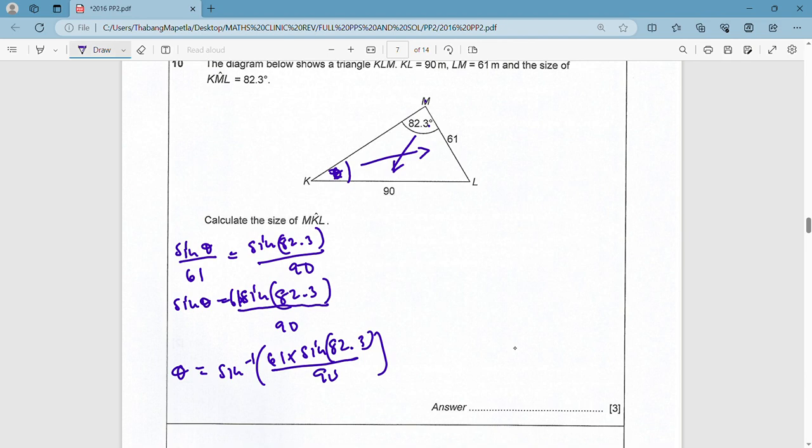So it's supposed to find its inverse. The inside part is going to be 0.67166639, so it's going to be sine inverse of 0.67166639. Then punching it, theta is equal to sine 82.3 divided by 90.